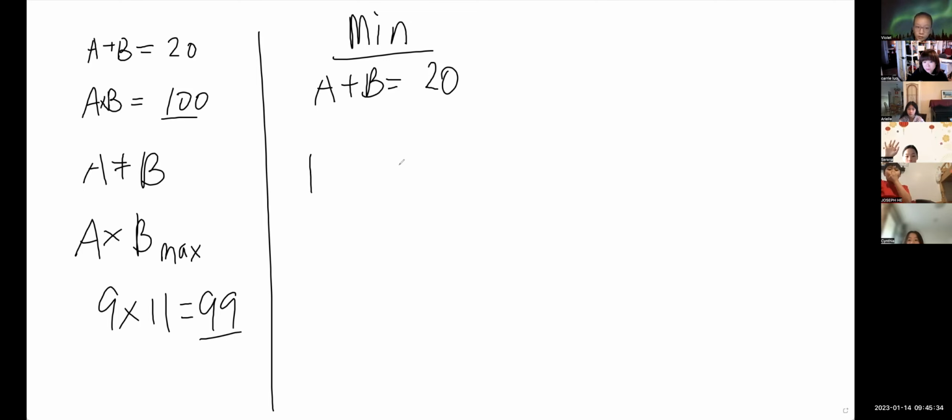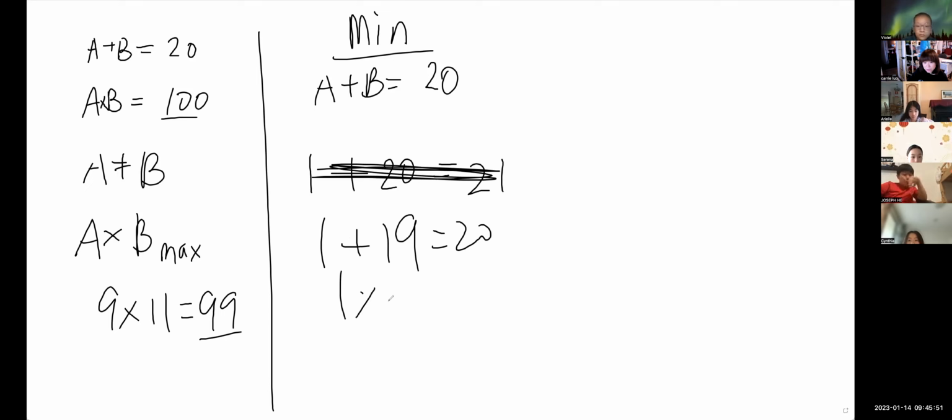Serena, it can't be 1 and 20, it has to be 1 and 19. Thank you. Joseph, look, 1 plus 20 equals 21. My question is A plus B equals 20, so 1 plus 19 equals 20, and 1 times 19 equals 19. So that is the minimum number.